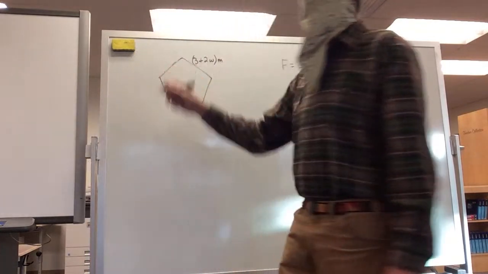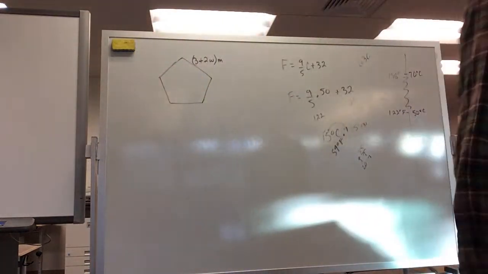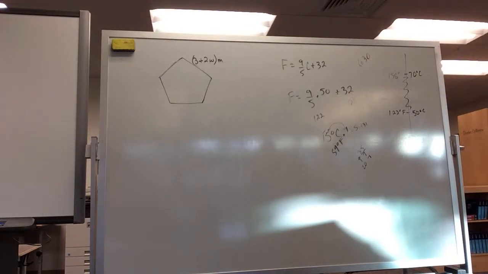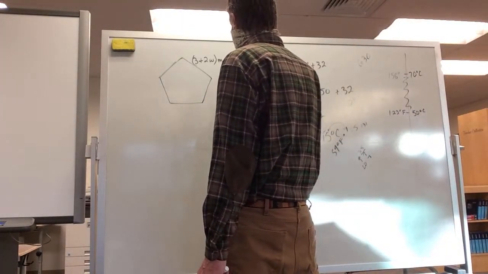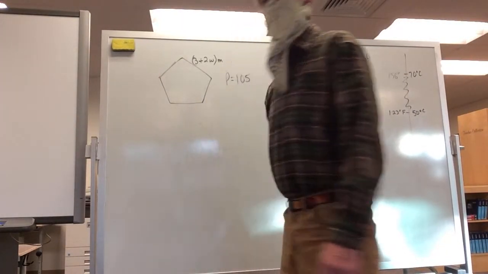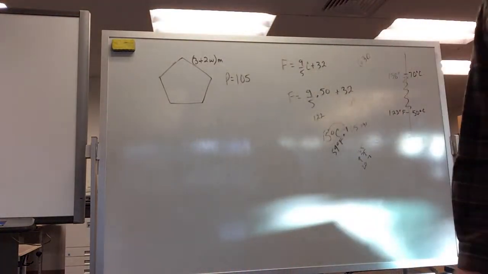That's what they write on all 5 sides. They're asking you for the value of W if the perimeter is 105. Did they give units? Meters.